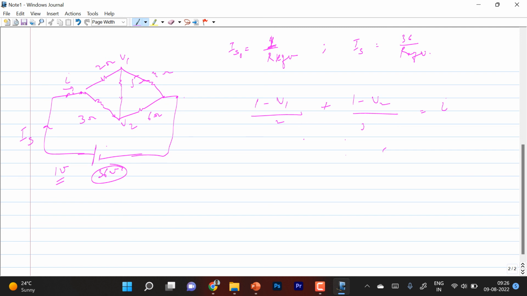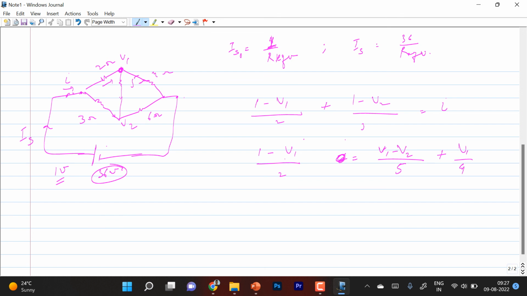Then I can write (1 minus V1) by 2 equals (V1 minus V2) by 5 plus V1 by 4. This is for this particular node.